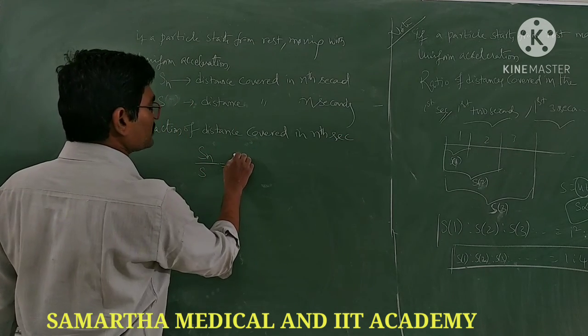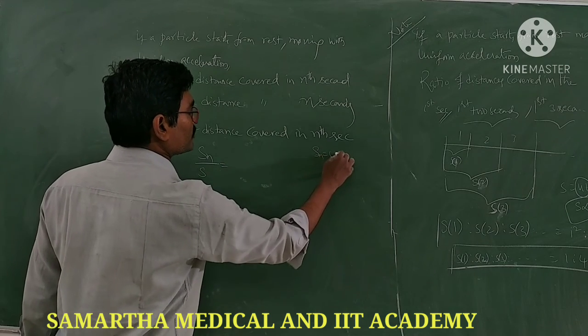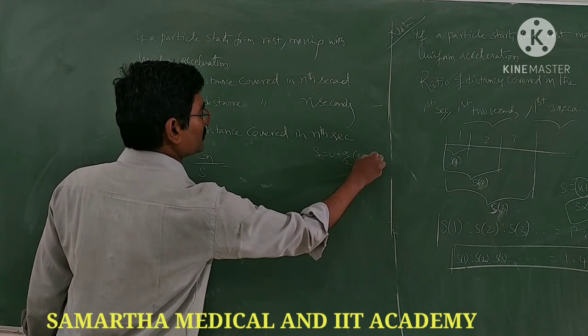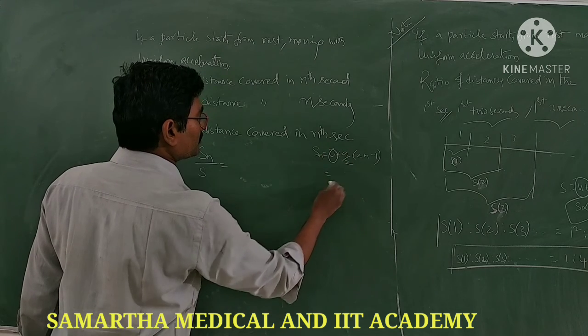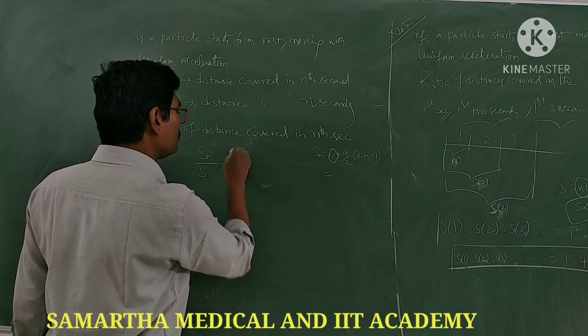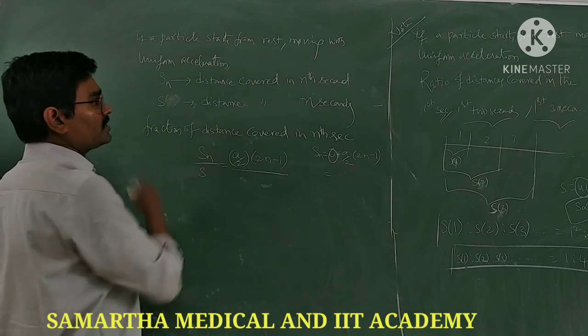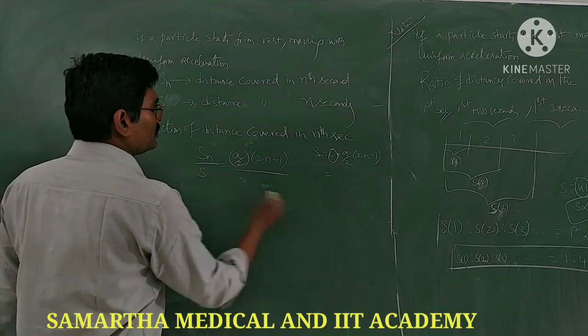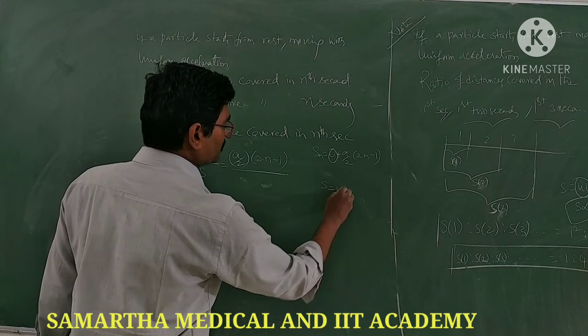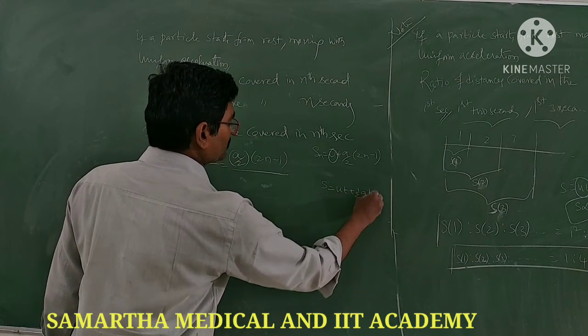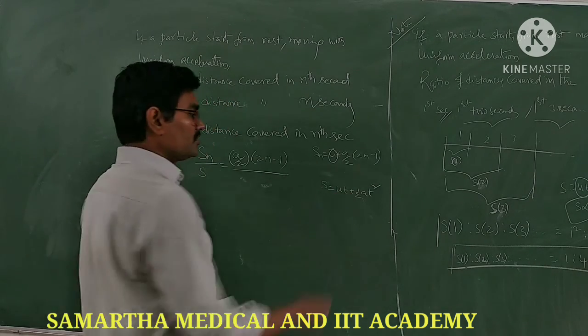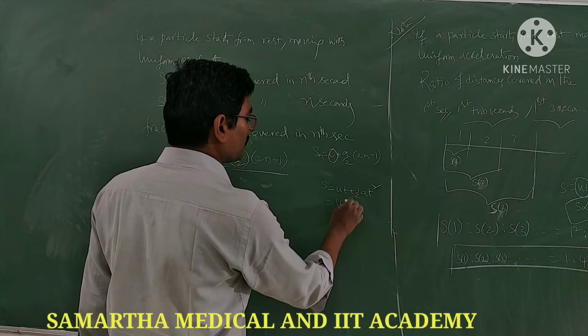If it started from rest, you know that Sn equals u plus a by 2 into 2n minus 1. So u is 0, so a by 2 into 2n minus 1, divided by S, with the same acceleration. S is equal to ut plus half a t square, also you know that. This is the distance covered in t seconds. So if I take t equal to n, that is un plus half a n square.